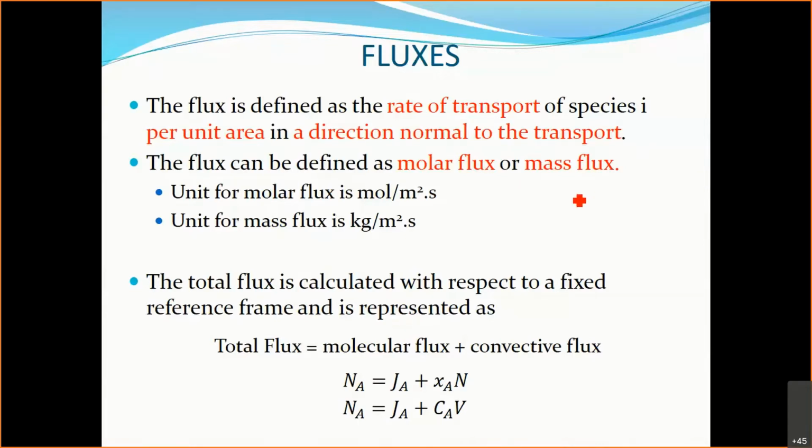When we talk about flux, we are talking about the rate of transport, how many moles or how many kg are being transported per unit area. That's why you have per meter squared, and how fast, because it is per area and rate. Rate means that it will always involve time.